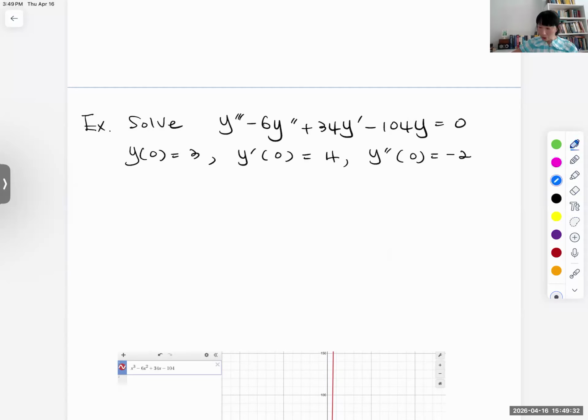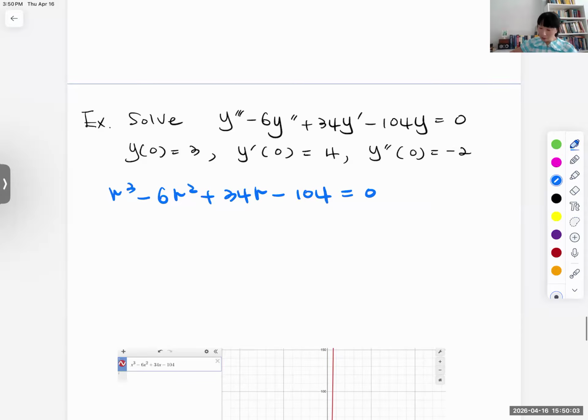Let us rewrite it with the characteristic polynomial. Yeah, so we can guess in that case there is a complex solution. So we have r to the third power minus 6 r squared plus 34 r minus 104 equal to 0, right?